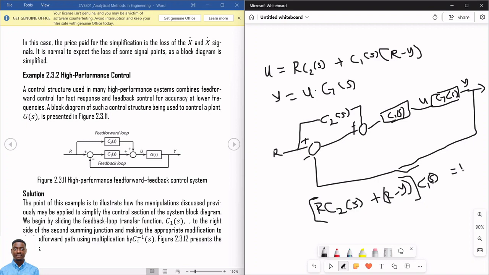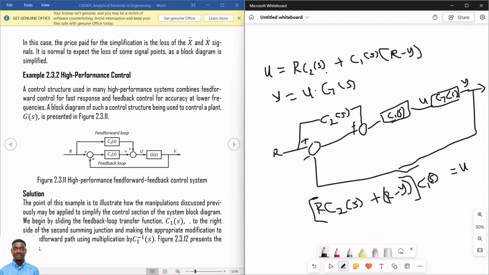So let's now compare the U here, when I've moved this block over this sum junction, and the original U here. So if you look at it, that means I'm going to have C1S, open this bracket. So that will be C1S times this, which is the same thing as this. But C1S times this will now be RC1S C2S, which is not what I have here.